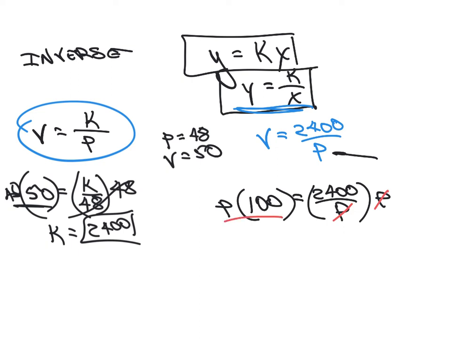Divide both sides by 100. So I have P, because those go away, equals 2,400 divided by 100. And I get 24. So if my volume is 100, then my P, my pressure, is going to be 24. And that's all that is.